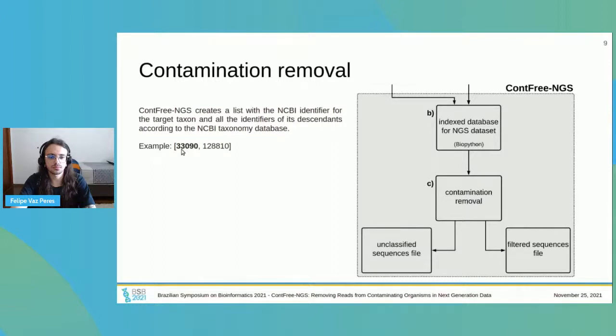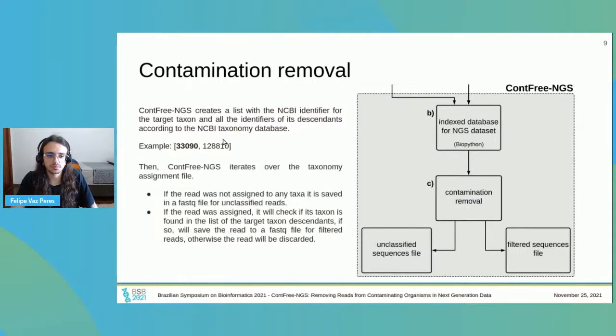So if plant is the target taxon, that is the ID, and all its descendants, I mean all the descendants of the plant, are included in this list. So this ID is from sugarcane.